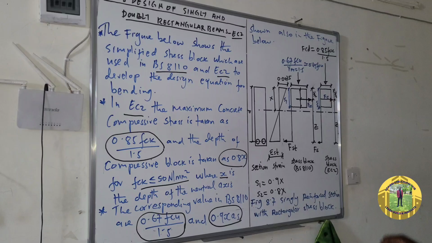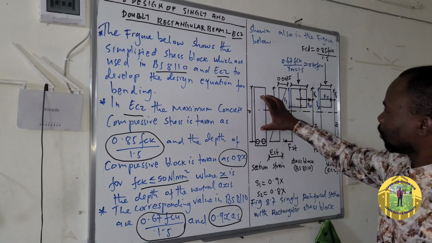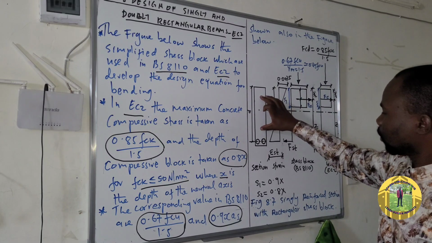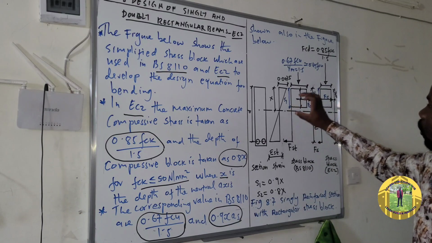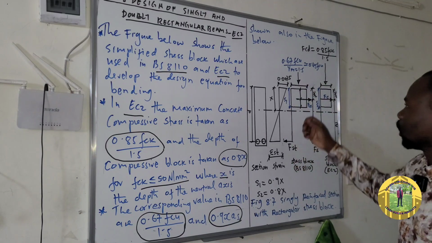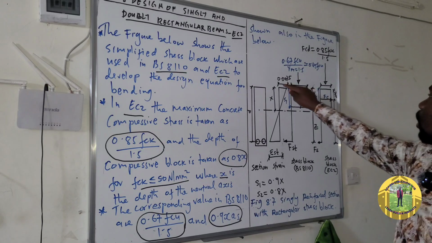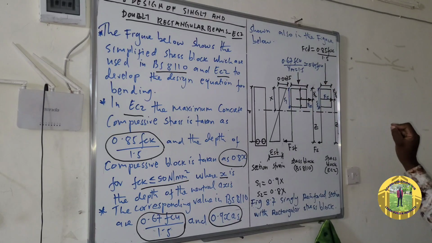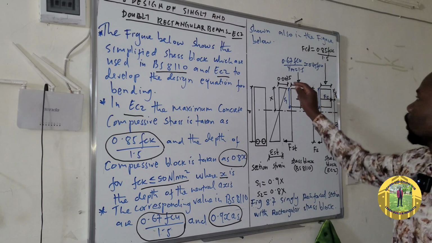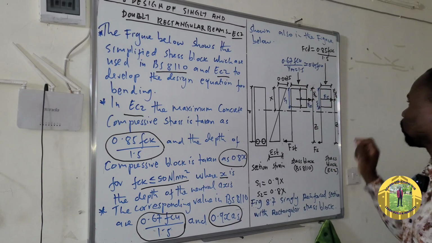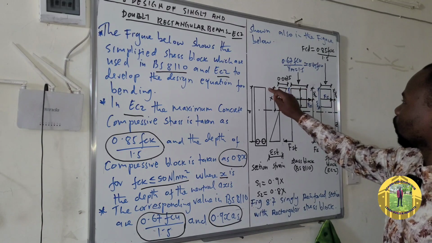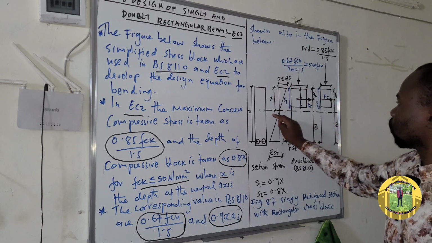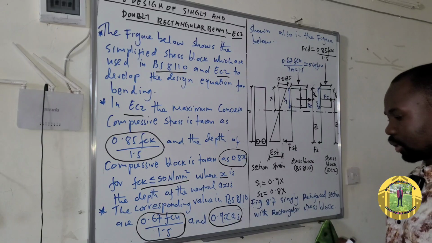This is the section of a rectangular beam, and this diagram is for the strain in concrete and the strain in steel. The maximum strain in concrete is supposed to be 0.0035, as you have seen from the statement. This distance from the top of the compression face to the neutral axis.